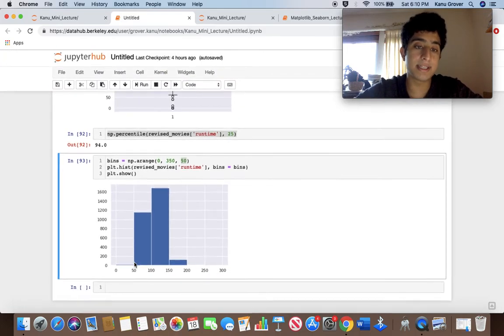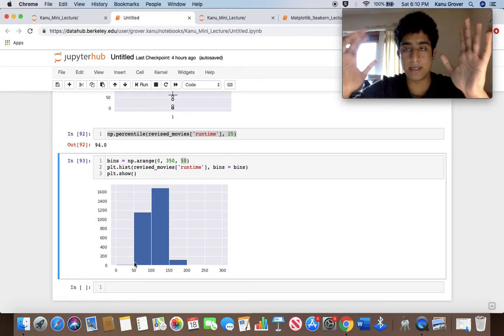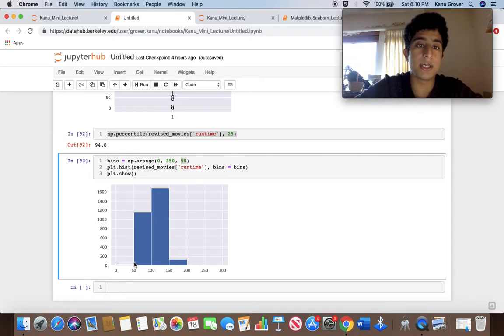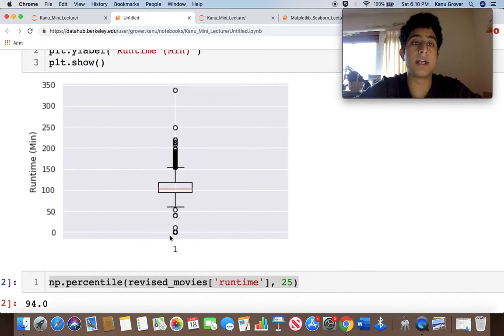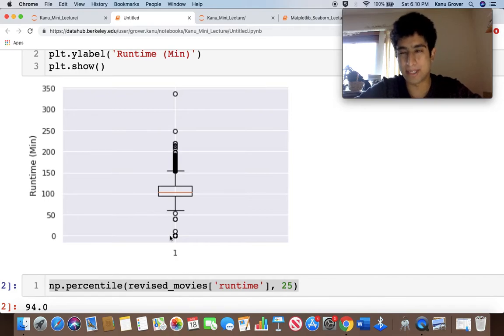So in cases like these, if you're trying to use a histogram to find how variable a data is by trying to find its skewness, you usually wouldn't need to include all of your outliers, if that makes sense.